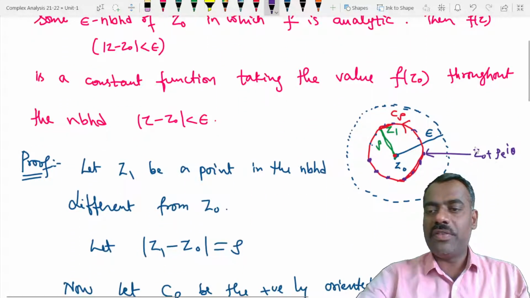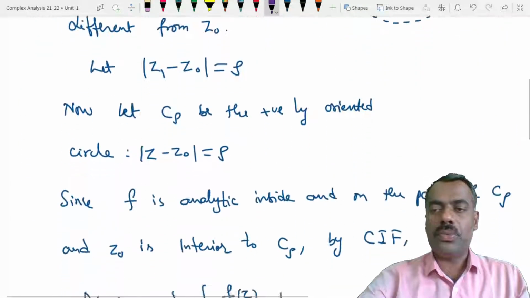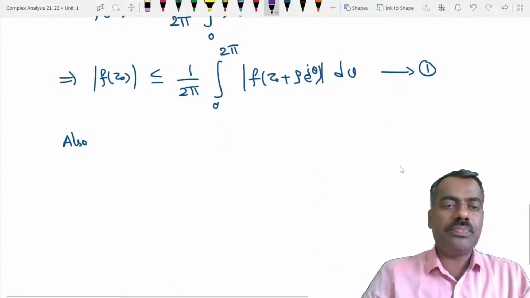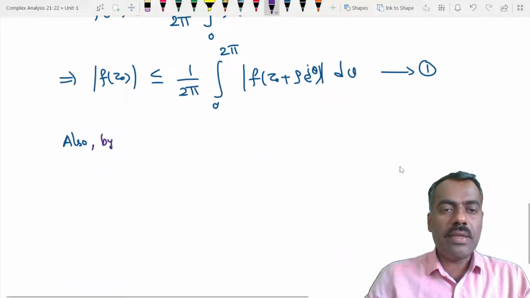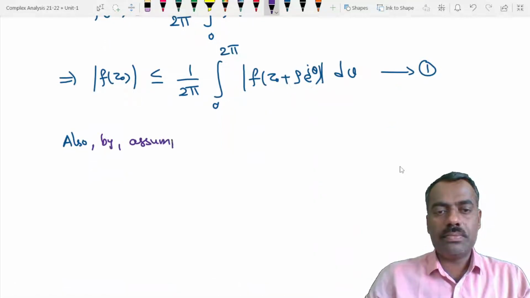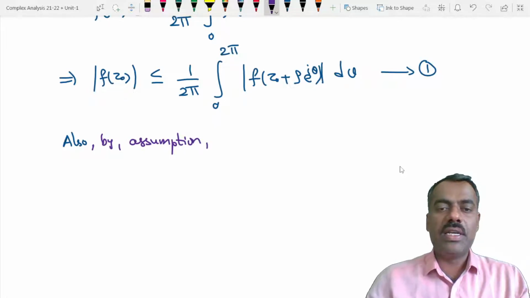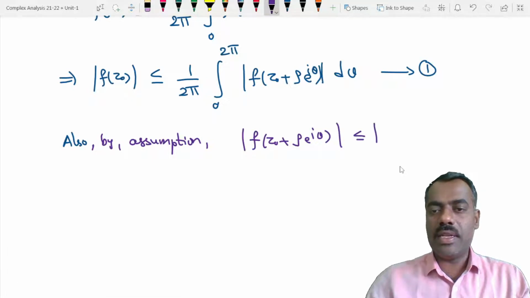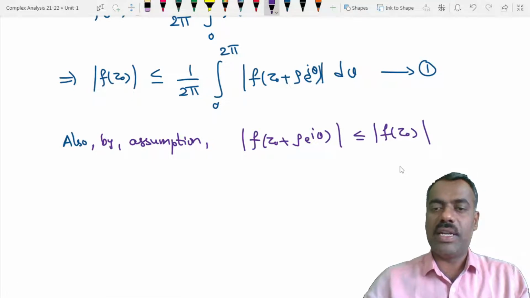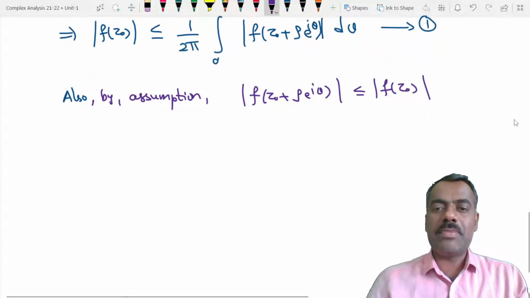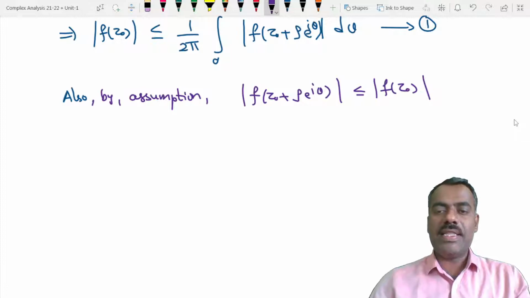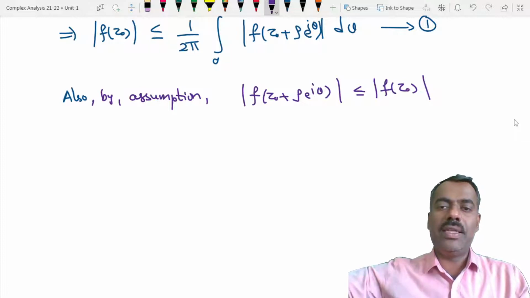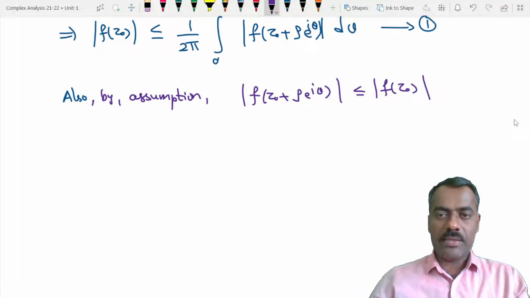So in particular this is true for these points also. By assumption, that means by the given condition, |f(z0 + rho e^(i theta))| is less than or equal to |f(z0)|. The reason is that z0 + rho e^(i theta) is a point in that neighborhood, actually a point on that circle C rho, right?